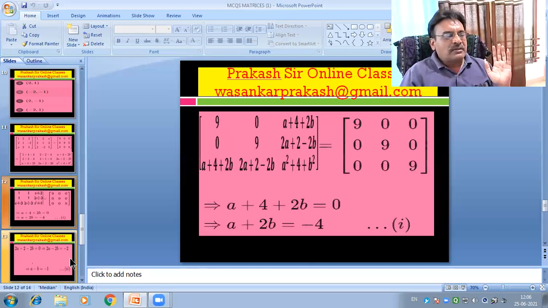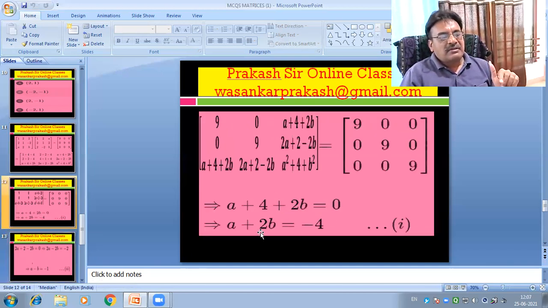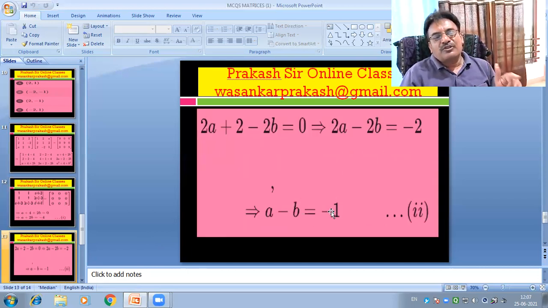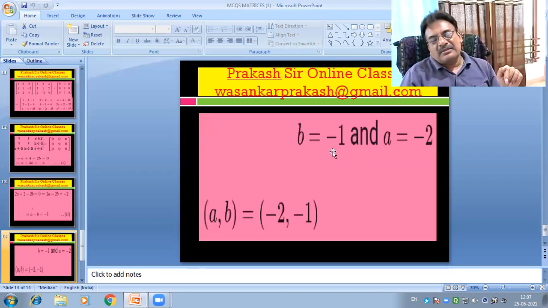Here 2b, here minus b, negative negative positive in subtraction, so 2b plus b is 3b. Here minus 4 and minus 1, negative negative positive, minus 4 plus 1 is minus 3. So 3b equals minus 3, the 3s cancel, b equals minus 1. Therefore, the value of b is minus 1.